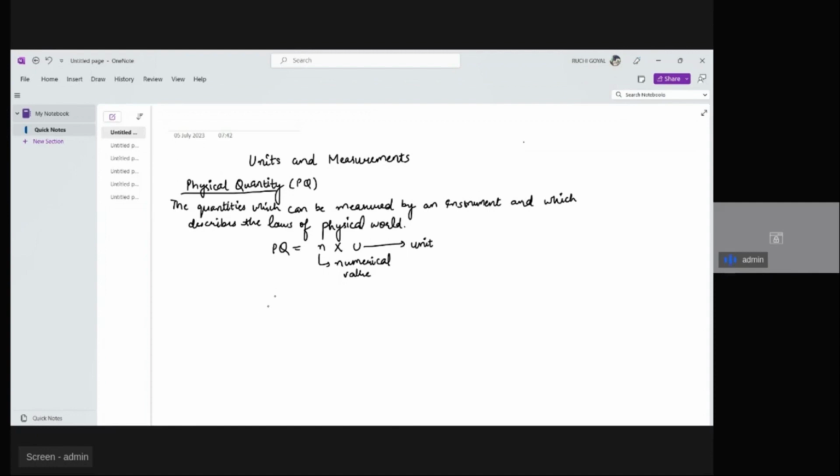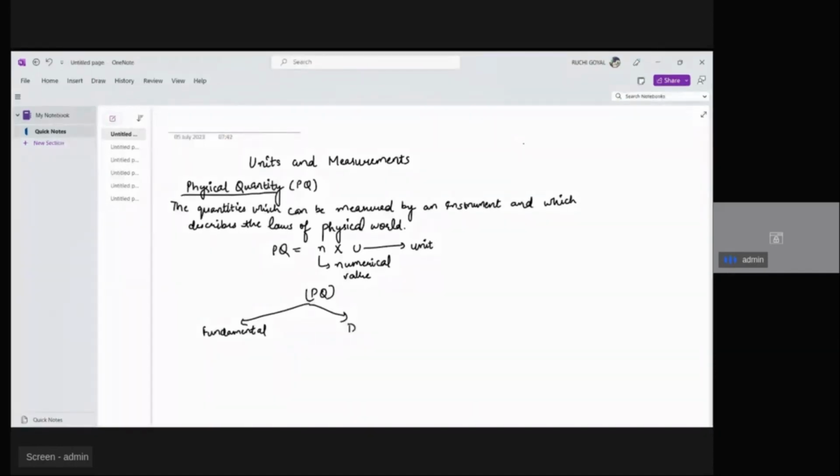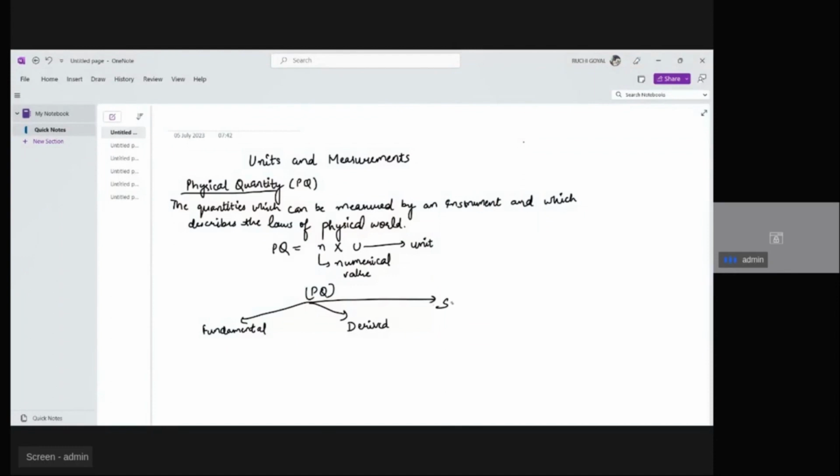Now we have different types of physical quantities. There are three types of physical quantities. The first is fundamental, second is derived, and third is supplementary.